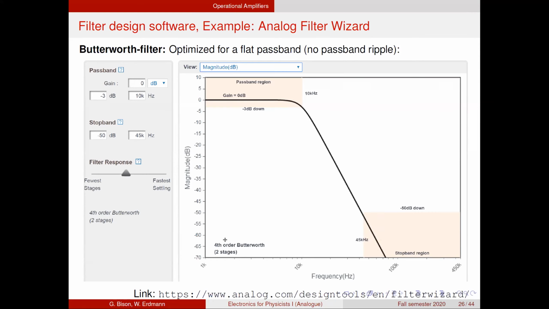And this might be a good optimization strategy, that as long as you do not increase the number of stages that you need, your effort in equipping, for example, a board with those components doesn't significantly increase. And then you get a nicer filter performance basically for the same effort.